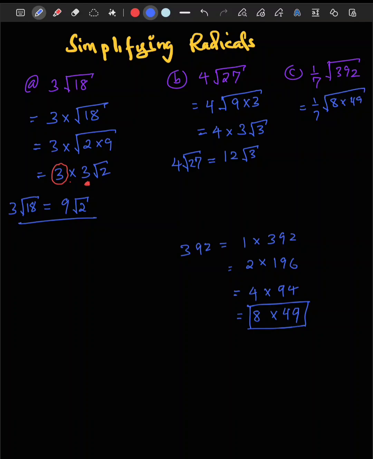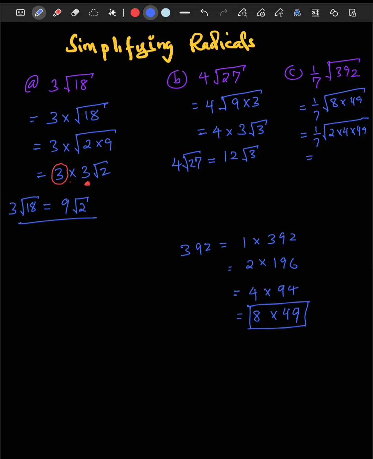Okay, and 8 itself can also be written as a product of a perfect square number. So that could be written as 1 over 7 times under root 2 times 4 times 49. So 392 can be written as 2 times 4 times 49.